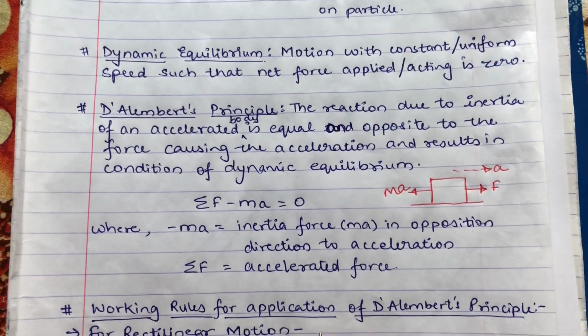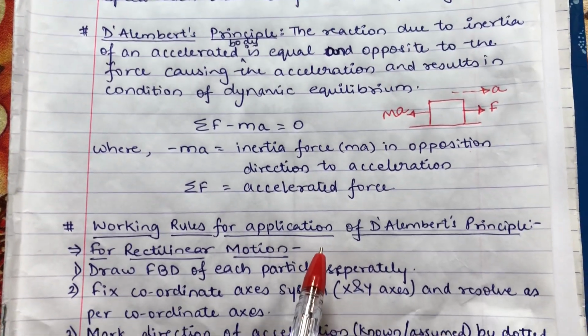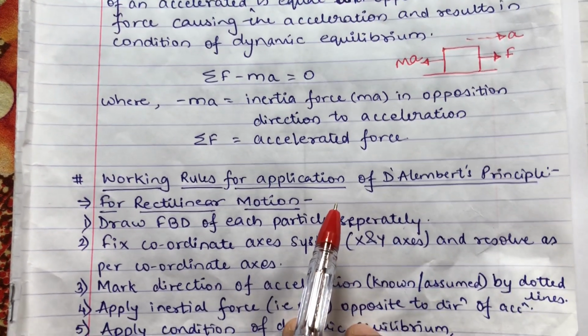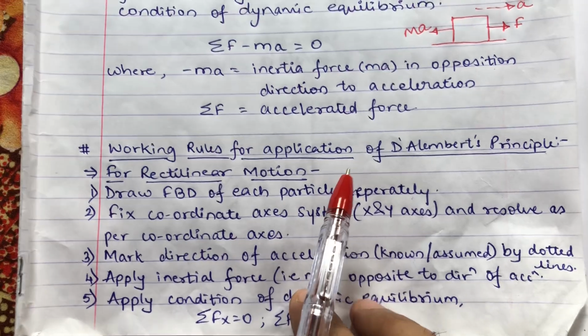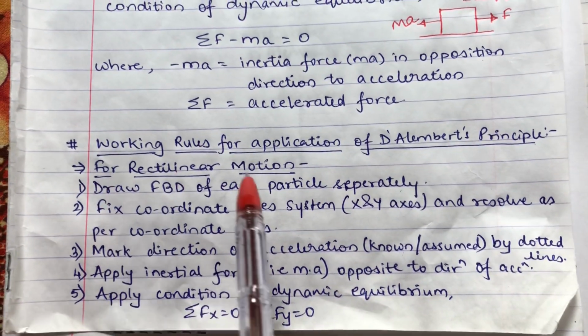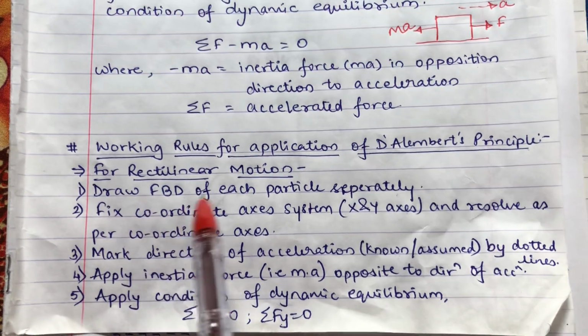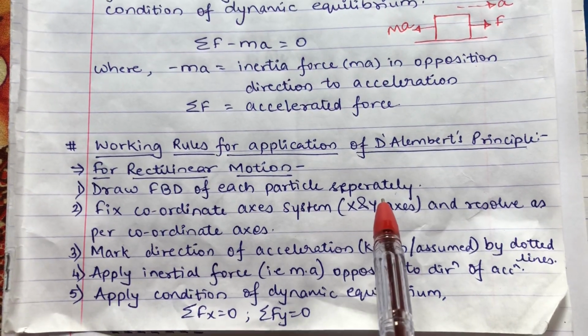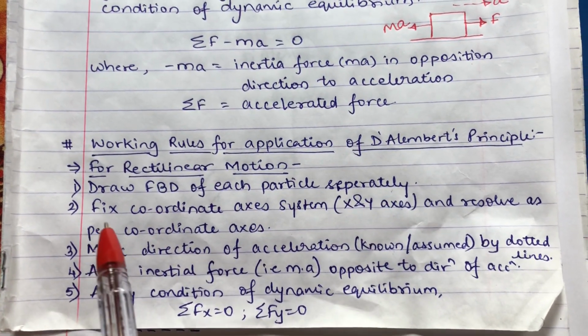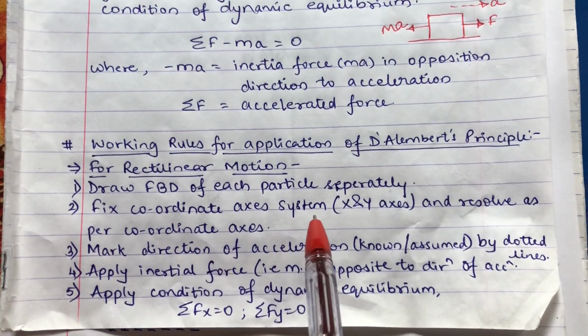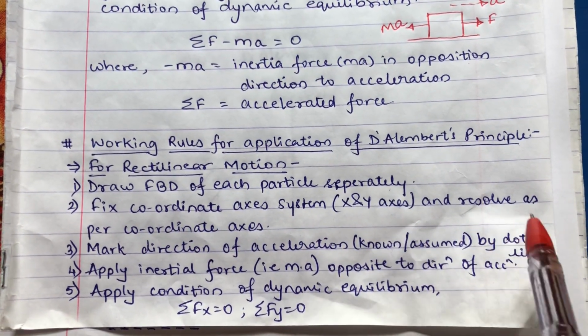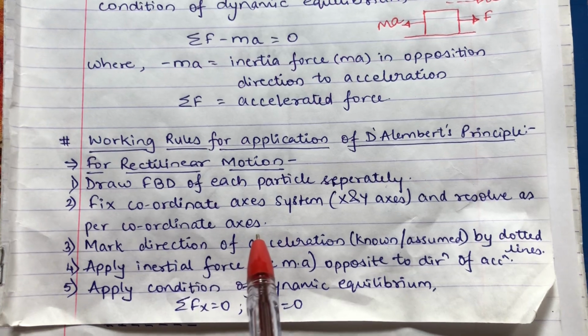Coming to next is your, what are the working rules or what is the procedure to solve the problem based on a D'Alembert principle? So for rectilinear motion problem, first part is draw FBD of each particle separately. Secondly, fix the coordinate axis system x and y axis and resolve as per coordinate axis.